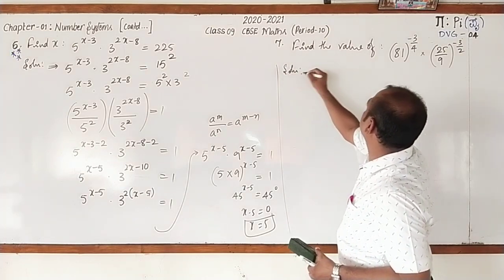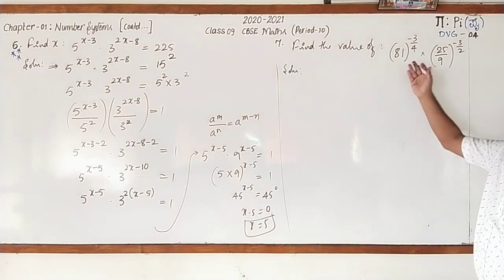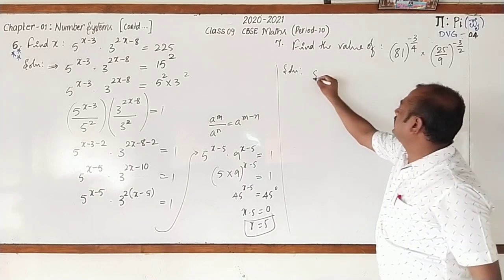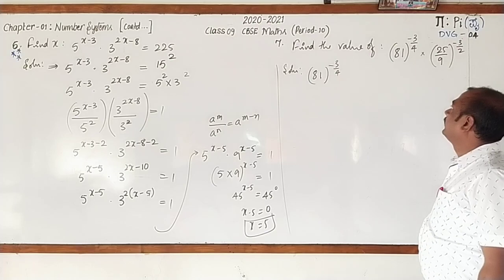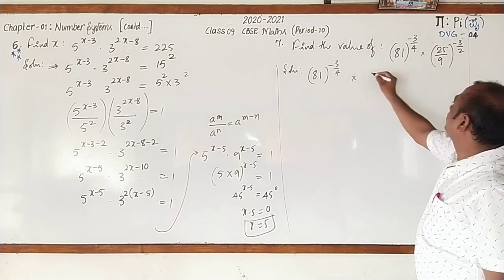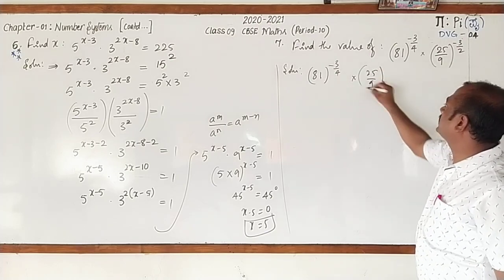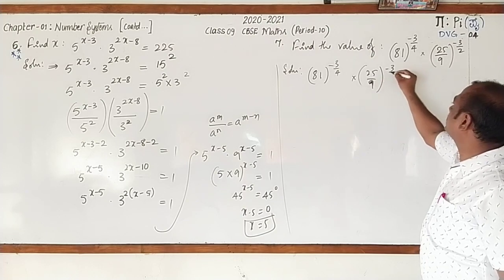It is find the value of this one. Very simple. 81 whole raised to the power minus 3 by 4 into 25 by 9 whole raised to the power minus 3 by 2.